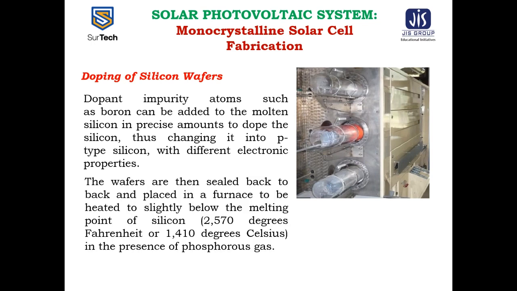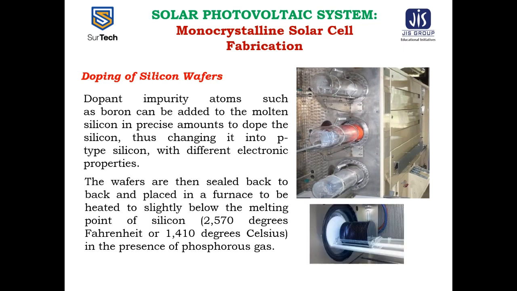The wafers are then sealed back to back and placed into the furnace to be heated to slightly below the melting point of the silicon, that is 2570 degrees Fahrenheit or 1410 degrees Celsius, in the presence of phosphorus gas.